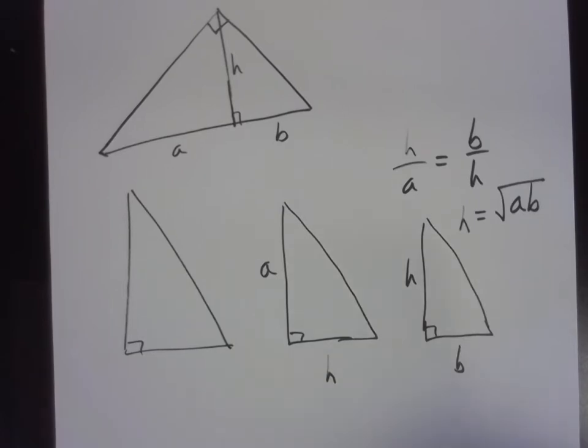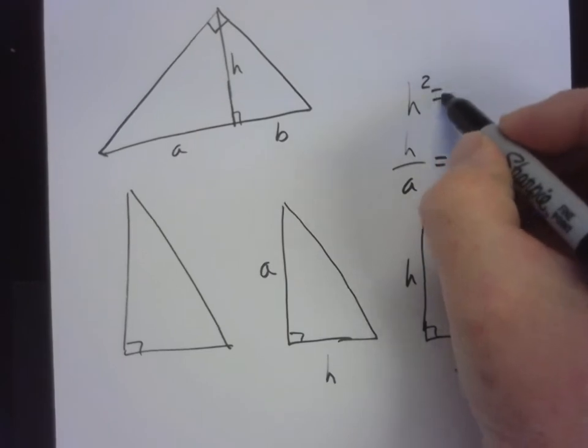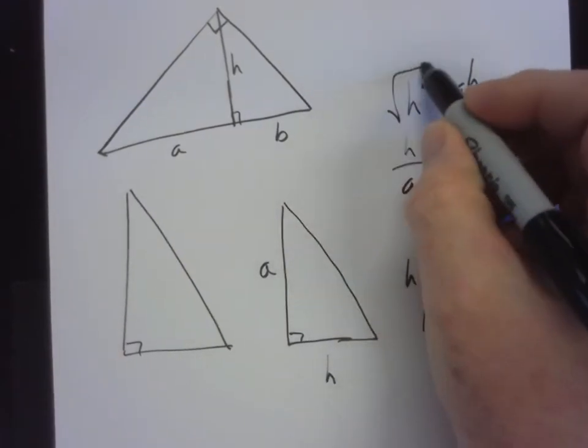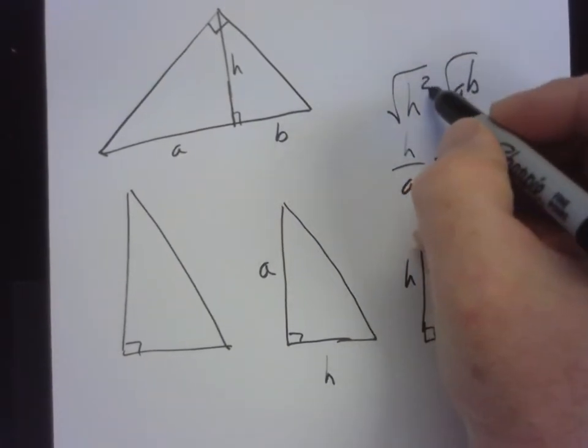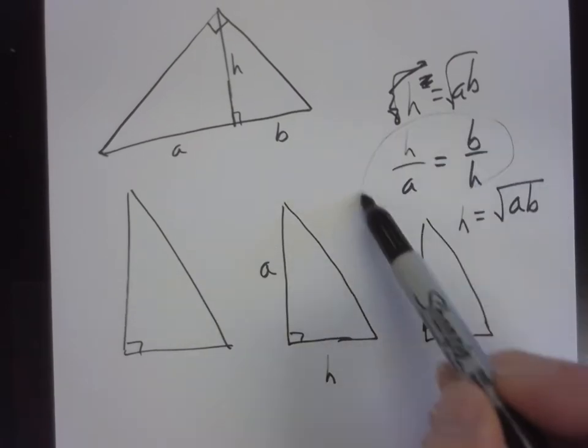Isn't that true? You cross multiply, you have H squared equals A times B, then you take the root of each side, and H equals the square root of A times B. I usually think of it as the geometric mean, but whichever.